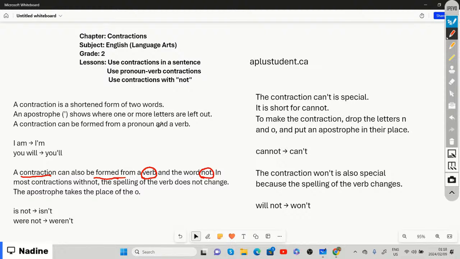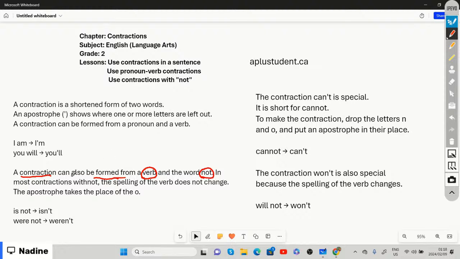And usually, if we use the word not, then it's like having negative contractions, right? It's like saying isn't, don't for do not, isn't for is not, right? It's basically a negative contraction.